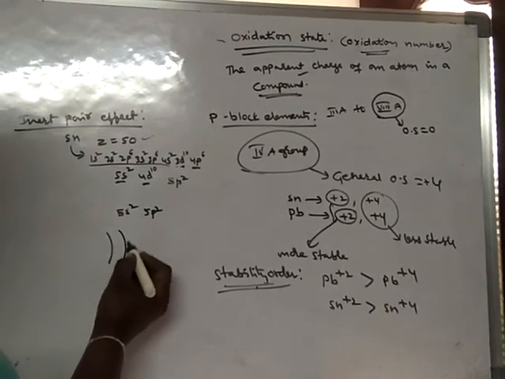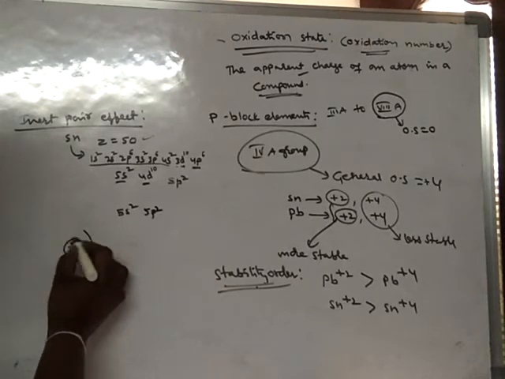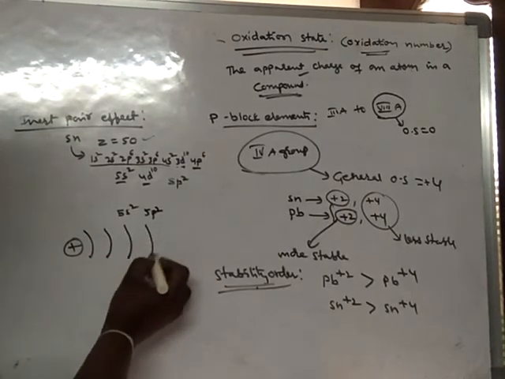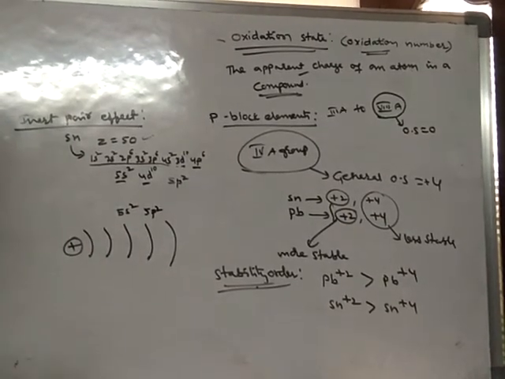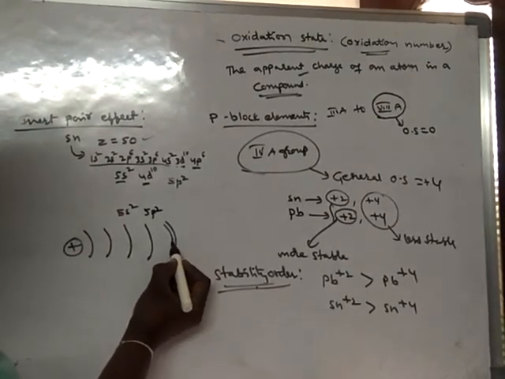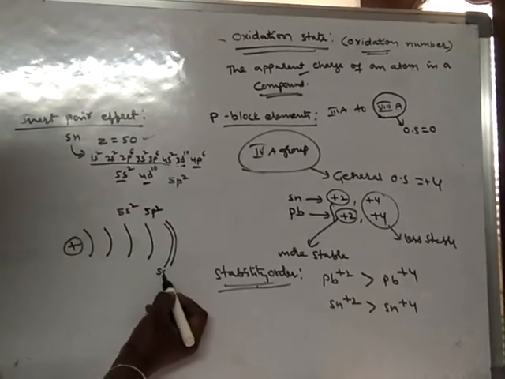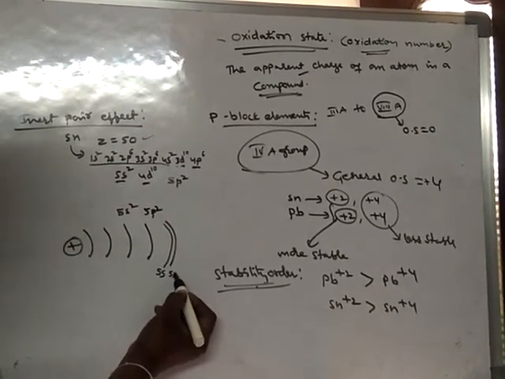Look here: first the nucleus, first orbit, second orbit, third orbit, fourth orbit, fifth orbit. In the fifth orbit there are s electrons and p electrons also. This is 5s and this is 5p.